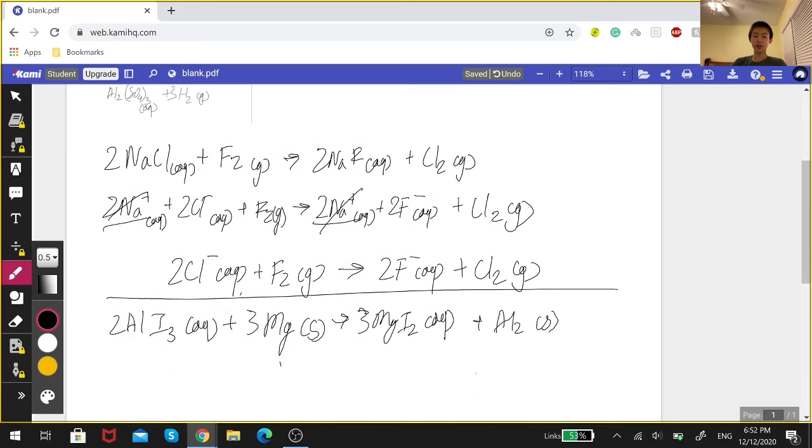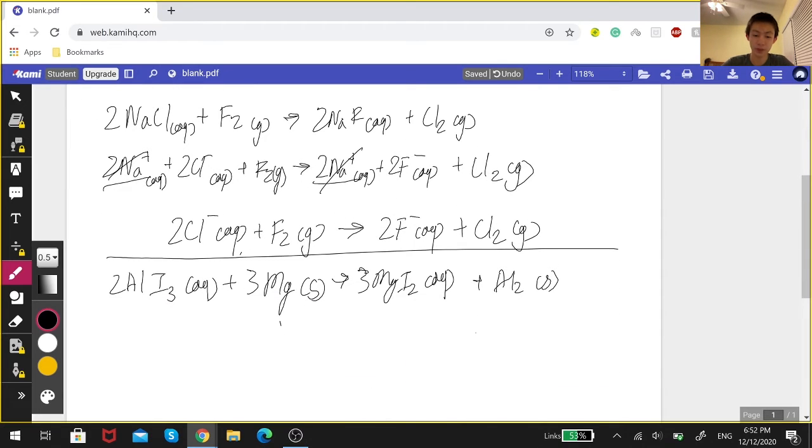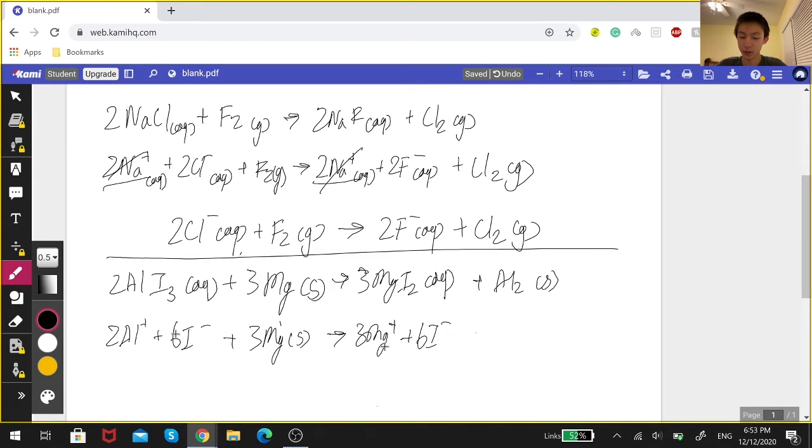Again, split all the aqueous. Instead of writing 2I3 minus, this is basically 6I minuses, it's the same thing. So it will be 2Al plus aqueous plus 6I minus aqueous plus 3Mg solid yields 3Mg plus aqueous plus 6I minus aqueous plus Al2 solid.